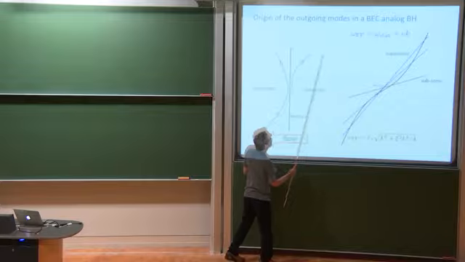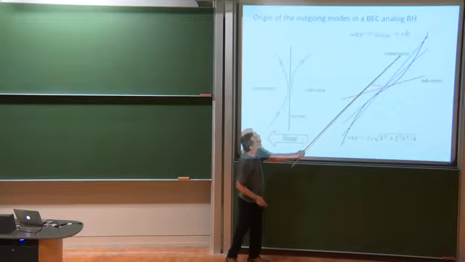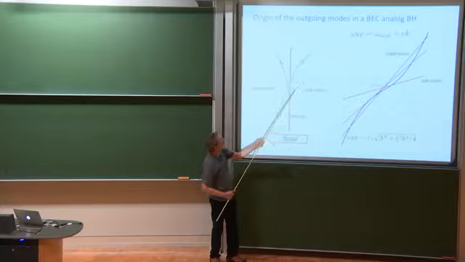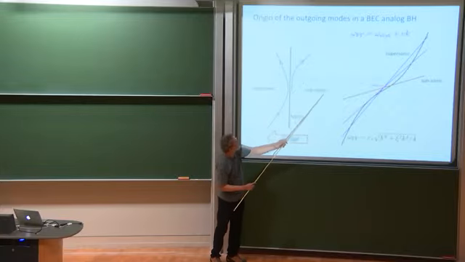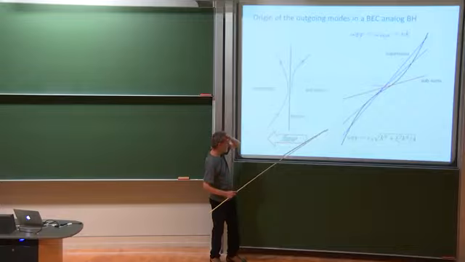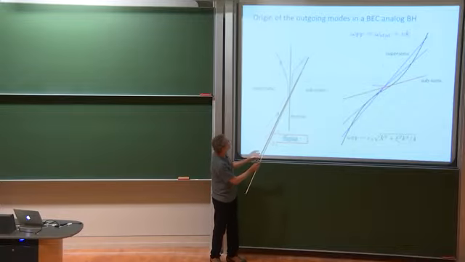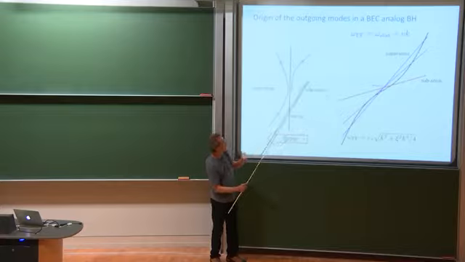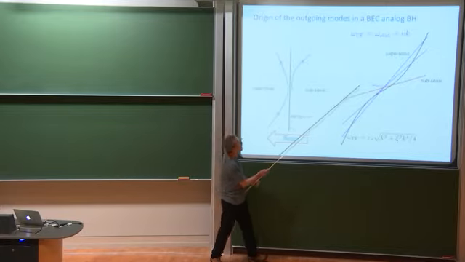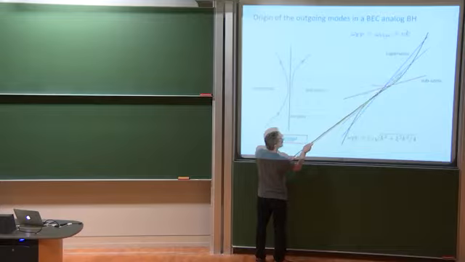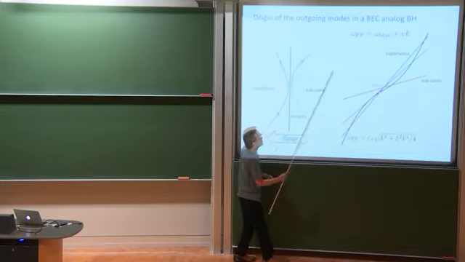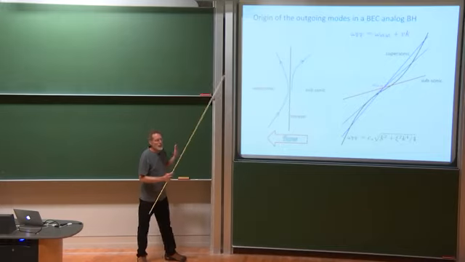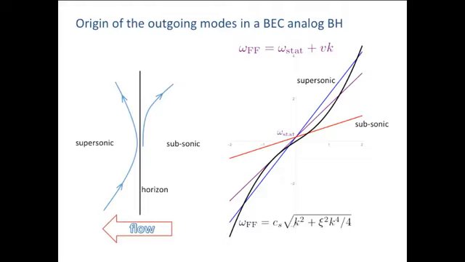And now that corresponds to a velocity that's greater than the flow. And it can simply propagate outward upstream of the horizon. As it does so, the flow velocity is dropping, let's say, if it's smaller flow velocity here. And that migrates down to this point on the dispersion relation. So this is an example of the way a pair mode is populated.